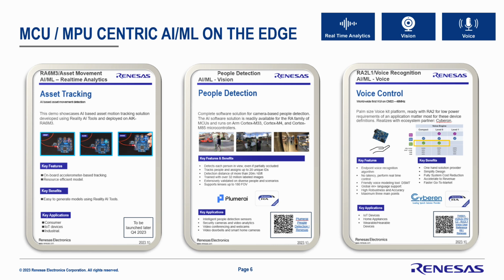The other one is people detection, so it's a vision task that we have designed together with one of our partners, and it detects people by using data from the camera and displaying them on an LCD that is on the device. And last is the voice control that relates with voice user interface, again co-developed with partners.